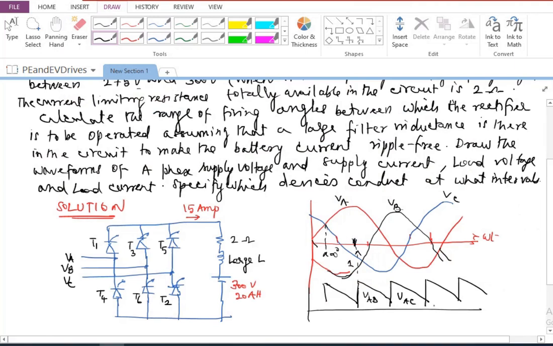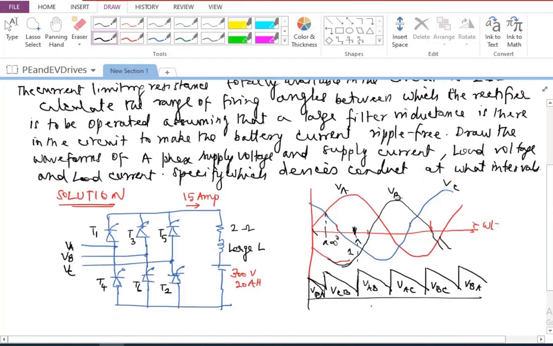So this is VAB, VAC, VBC, VBA, and this is going to be the next one, VCA, and VCB. So this is the way the voltages are. So we will again tell about what are all the devices that are going to conduct.